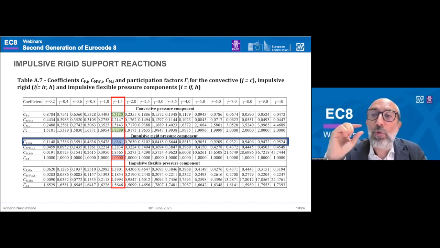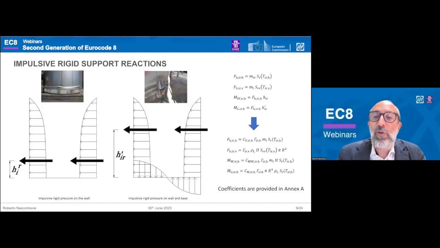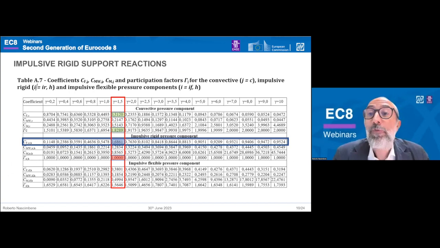We take these two values, we put them in the expression before shown, where then we have to include the total mass of the fluid and the response, the reduced ordinate of the spectrum corresponding to the impulsive rigid period of vibration. And we do exactly the same for the other coefficient related to the moment.